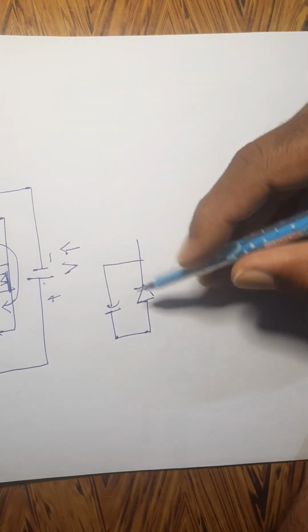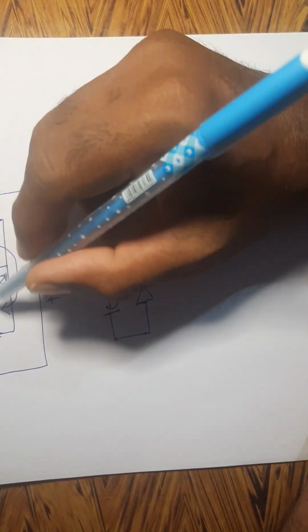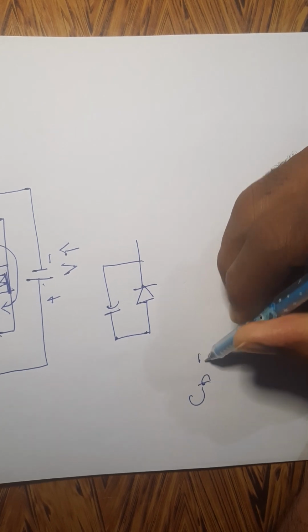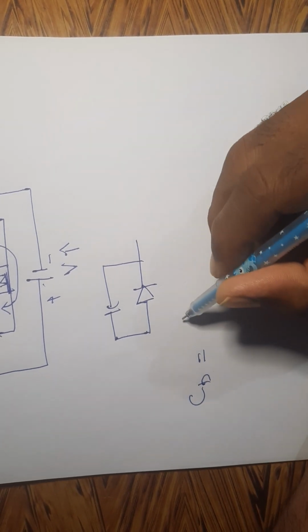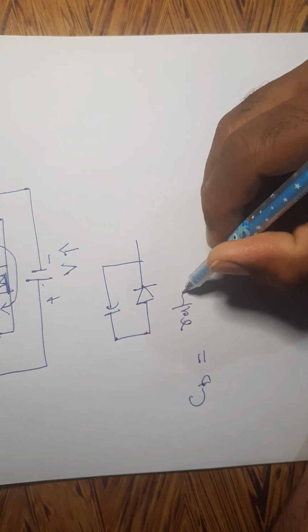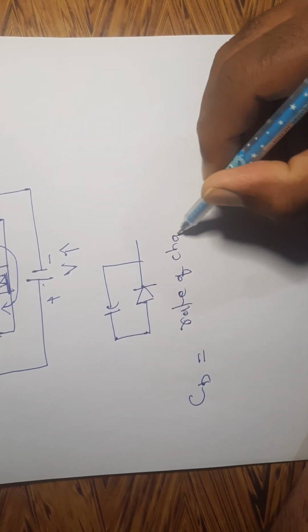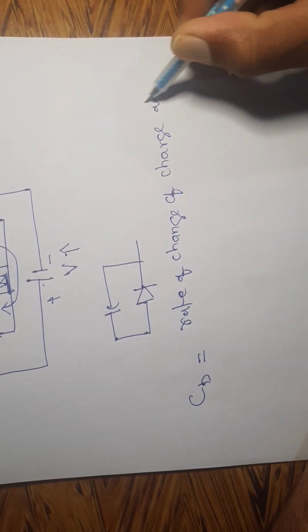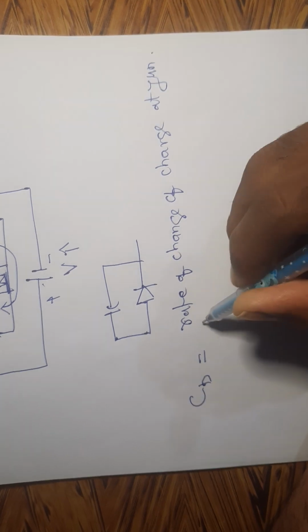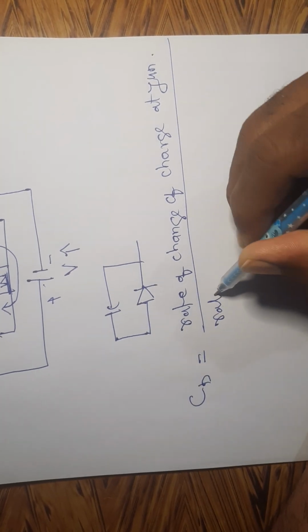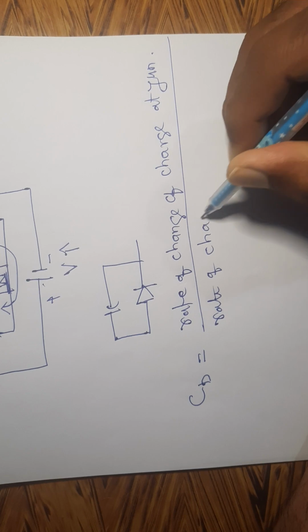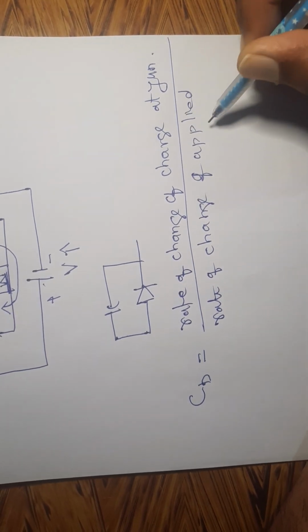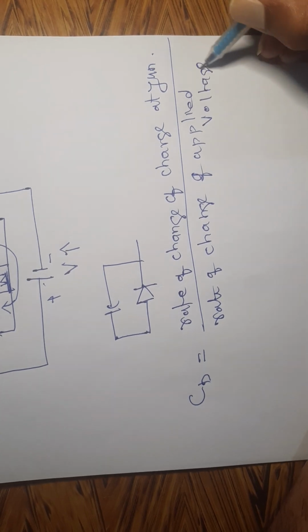Now let's find out the movement of charge carriers. Here CD equals the rate of change of charge at the junction divided by the rate of change of applied voltage.